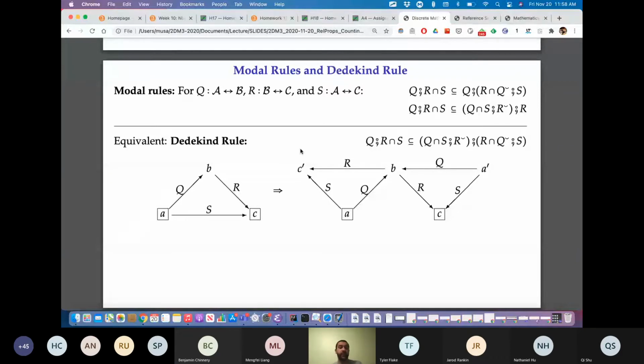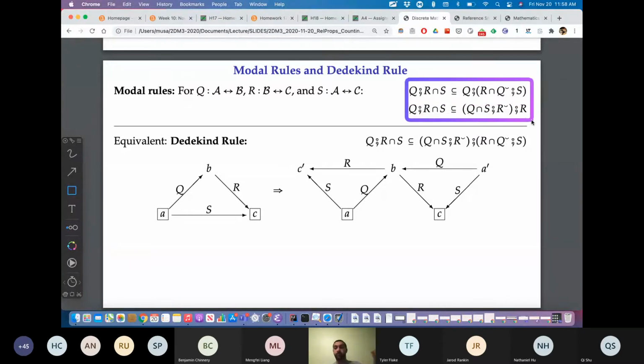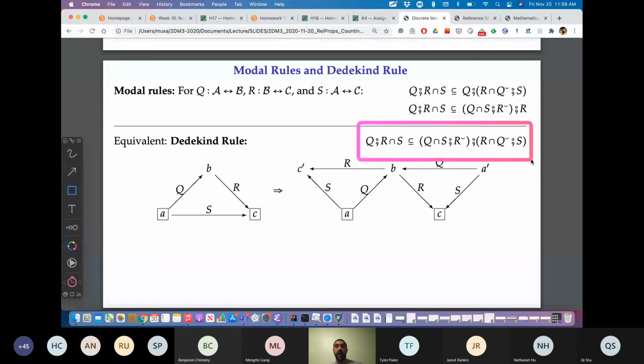And that's called the Dedekind rule, right? So it's like doing modal rules together, right? I can pull out q, or I can pull out r, or I can pull out both, right? And I get this interesting shape. Okay, and these formulae might be a bit tricky, and they're a bit hard to remember. And again, like everything else, with enough practice, doing the homeworks, you'll use the rules enough times that you'll be like, I know where it goes, I know where that symbol goes.